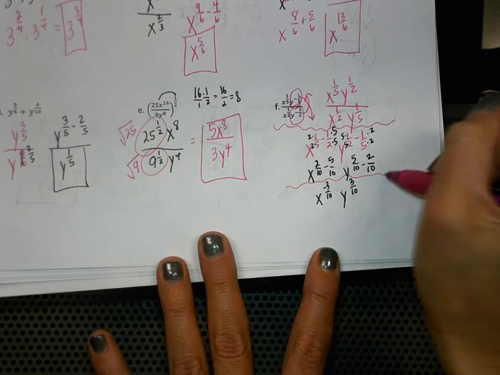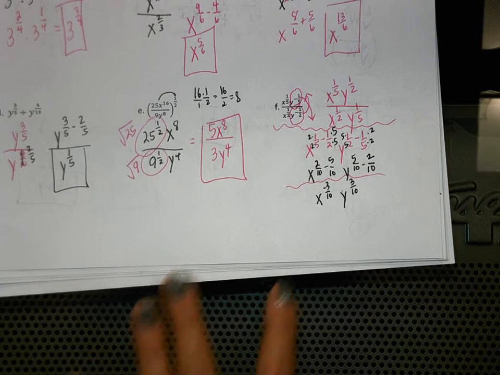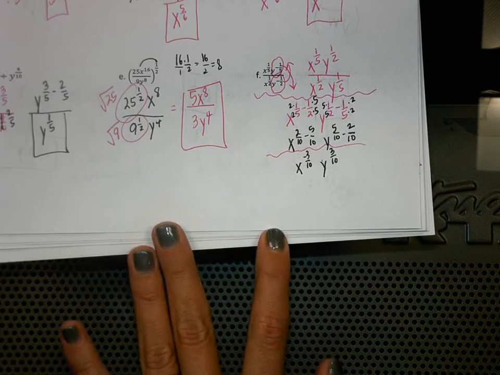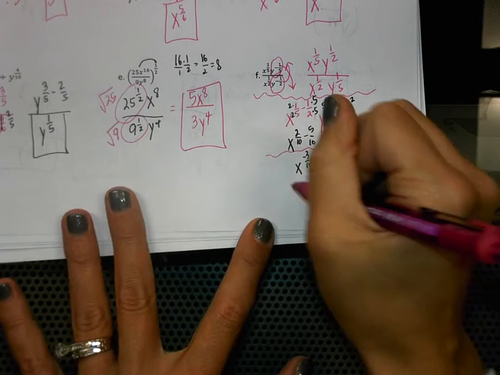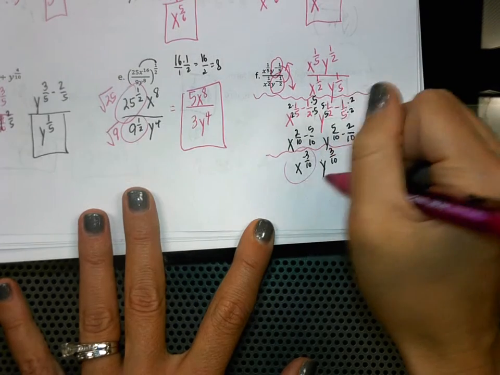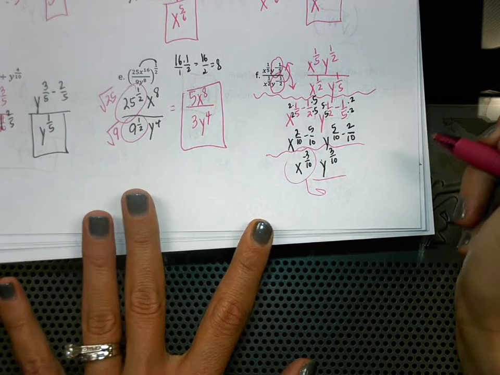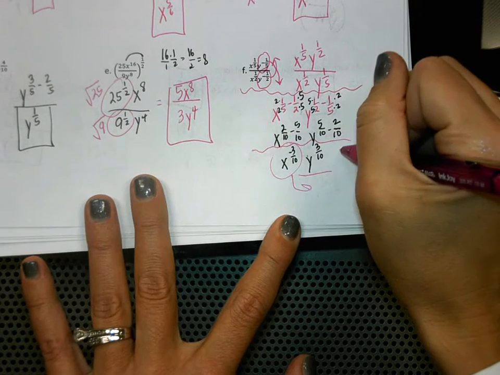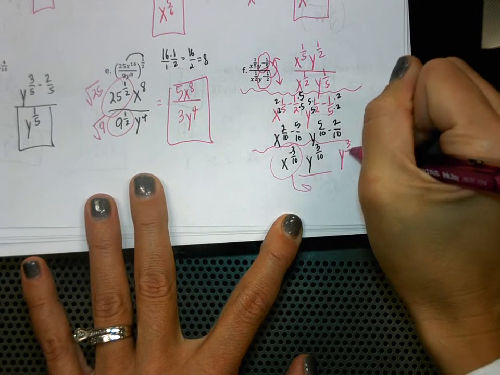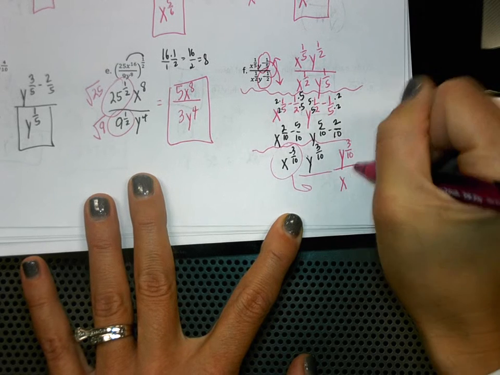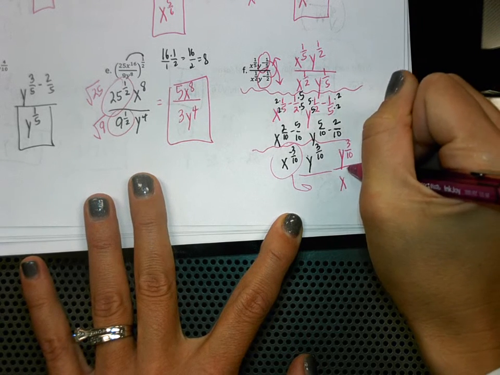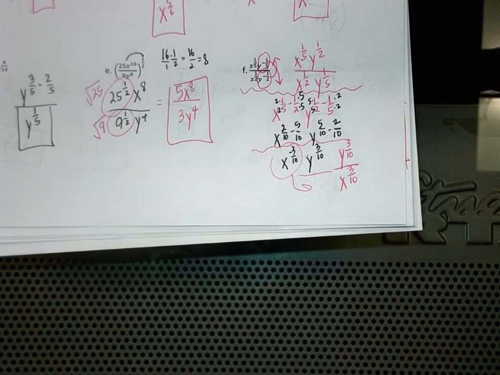Everybody's okay there? So we can't have a negative exponent, correct? So that means that this is going to end up having to go on the bottom. Okay? So I would write this as y to the 3/10 over x to the 3/10. Okay.